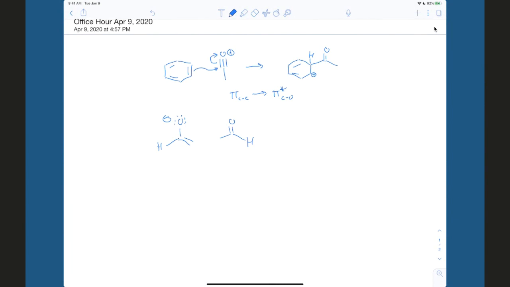So if you view this as a pi nucleophile, with the arrow coming from the double bond and attacking this carbonyl, this would also be the pi of a carbon-carbon interacting with the pi star of a carbon-oxygen. In this case, we'd end up with the corresponding structure directly from these arrows. That looks like this, which of course is just a resonance structure of the aldehyde itself.